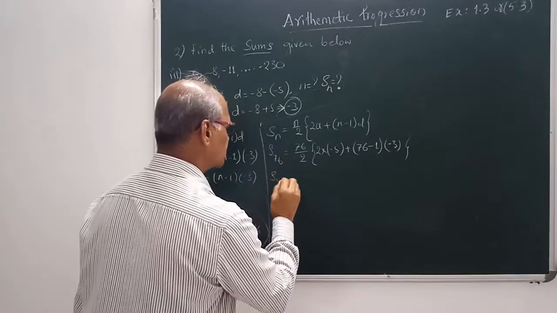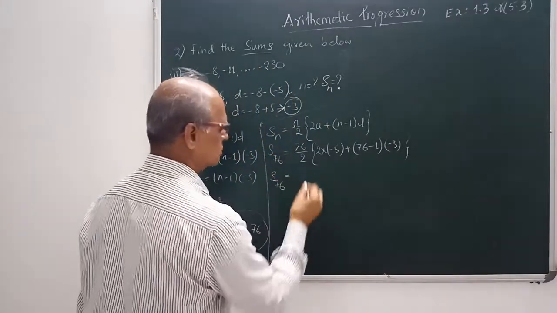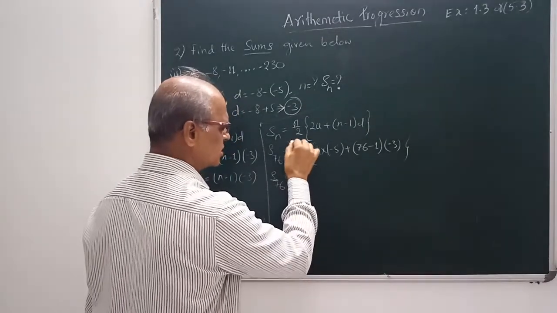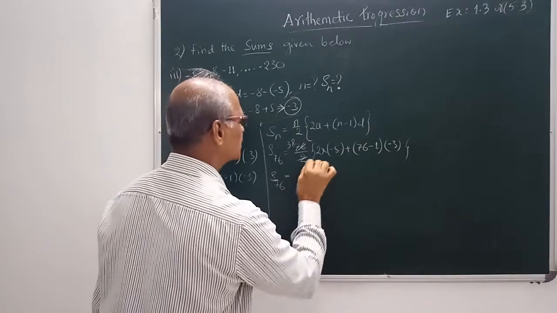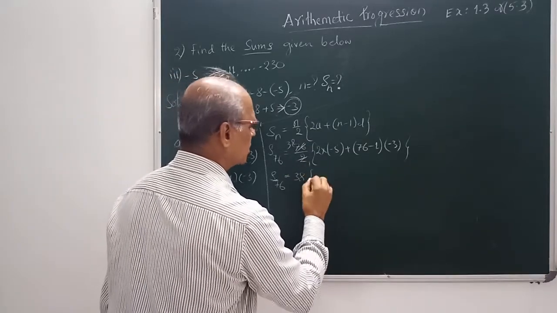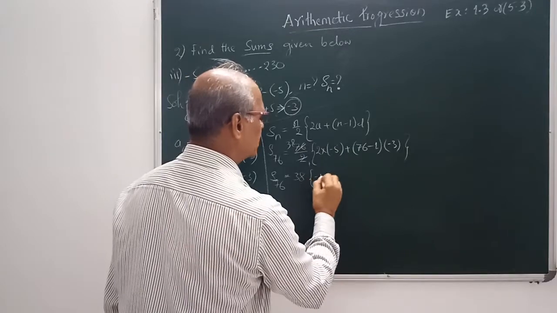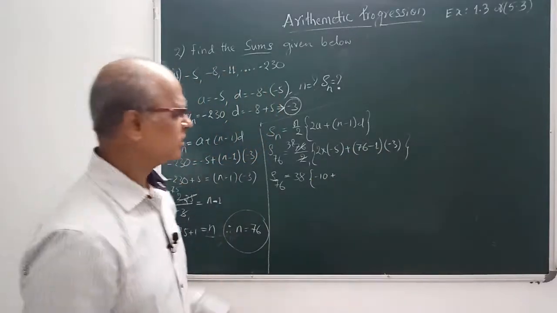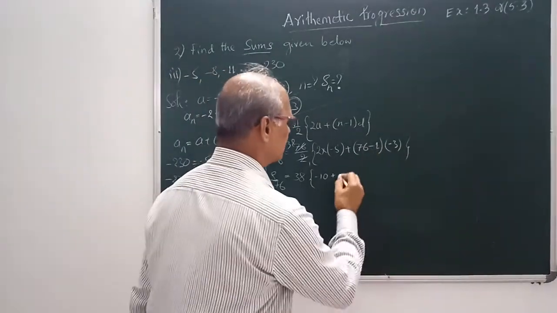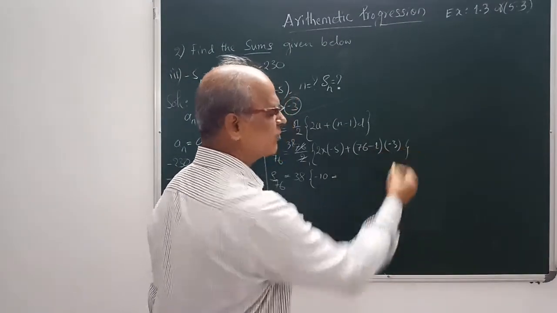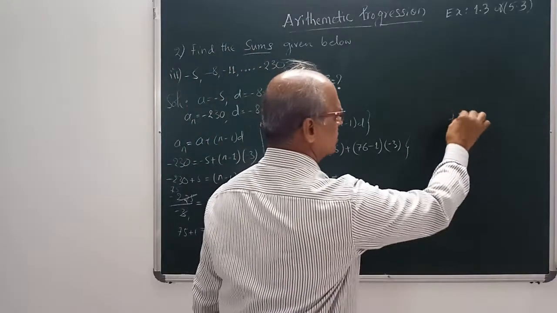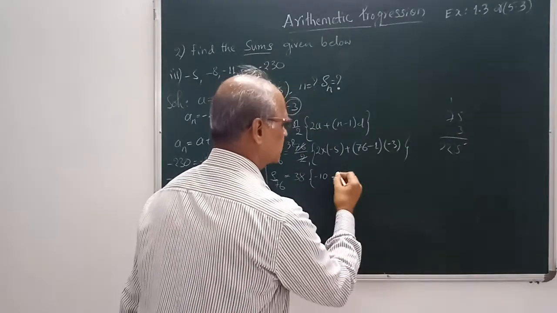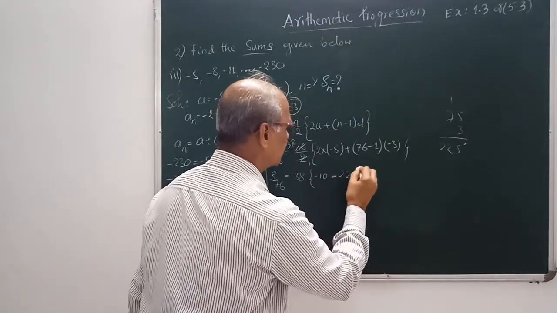So S76 is equal to, cancellation if possible, do it. 2 3s are 6, 2 8s are 38. Into bracket minus into plus is minus 10 plus 76 minus 1 is 75, but it is plus into minus, final answer is minus 75 into 3. So 75 into 3, 225. That means it is minus 225.